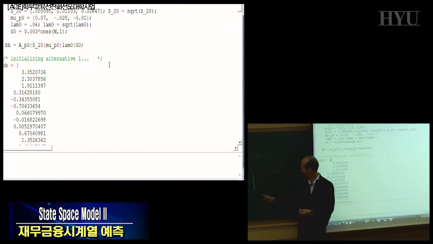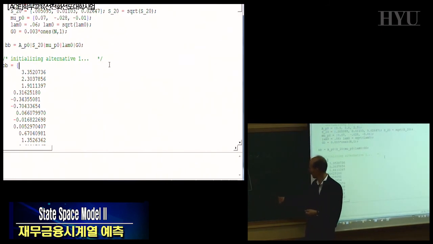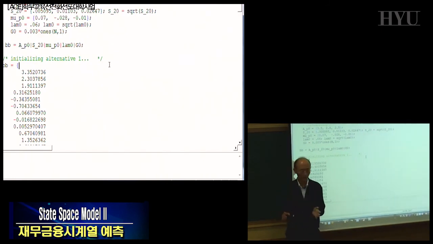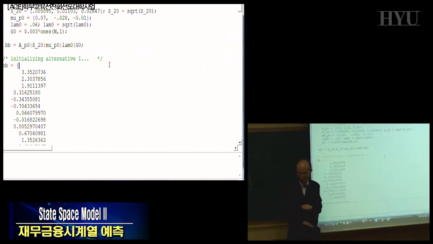Then because you added only one line here, you probably don't expect any dramatic change in your parameter estimate, right? But in reality, it may not work. If not working, then you have to start searching for an initial guess again, because it's very thin because of that problem.